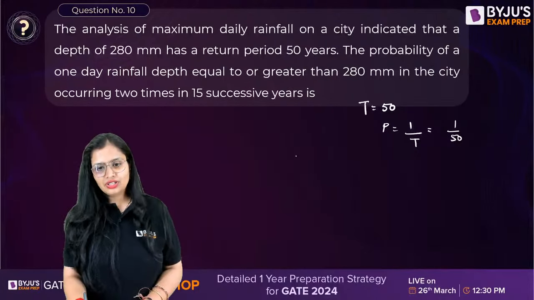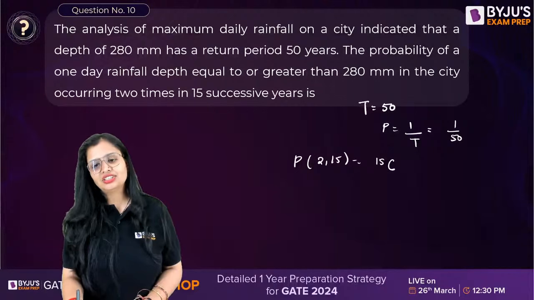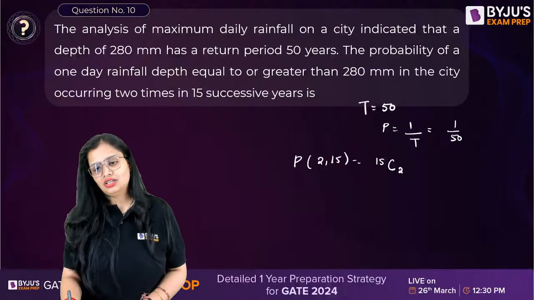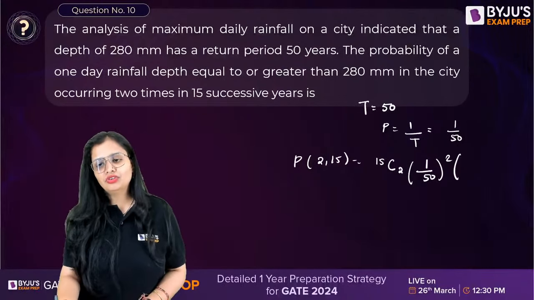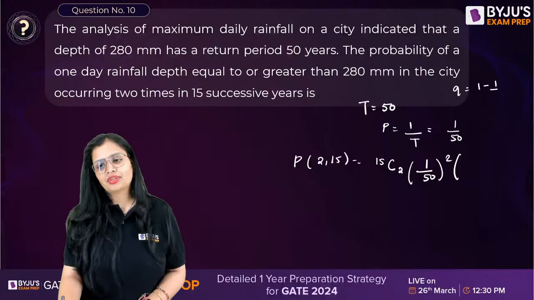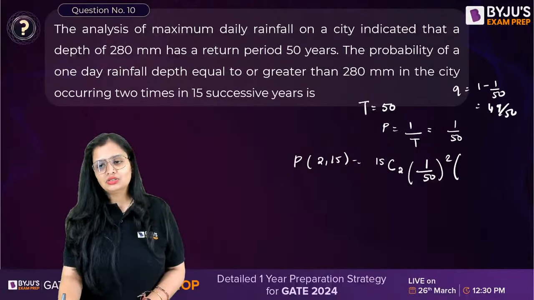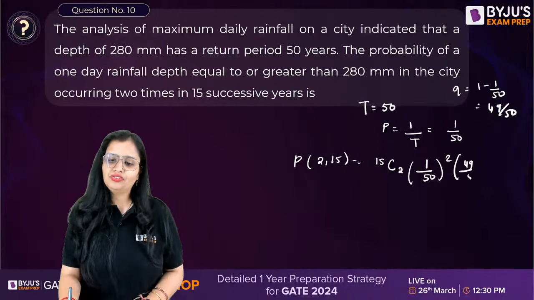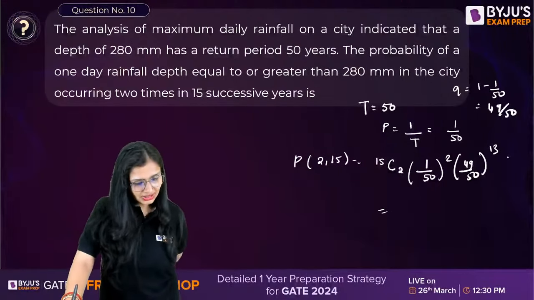So probability of occurring is 1 by 50. Probability of not occurring: the probability of occurring and non-occurring makes 1. So the non-occurring is 49 by 50. 15 minus 2, that is 13. How much is it coming?